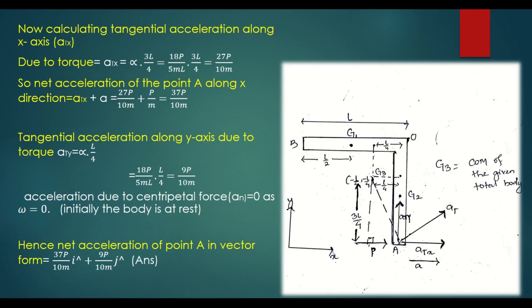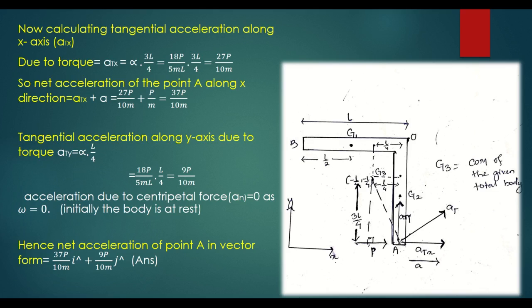So aty is equal to alpha into L by 4, which is equal to 9P by 10m. Here, the normal acceleration an is equal to 0 as omega is equal to 0, because initially the body is at rest.